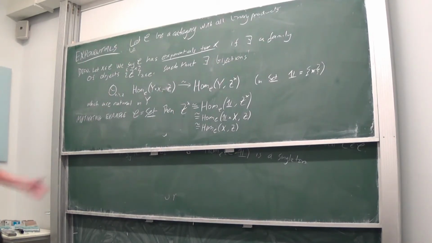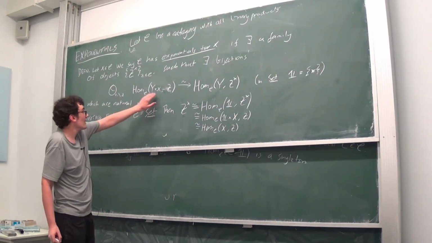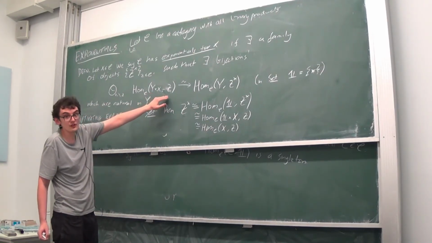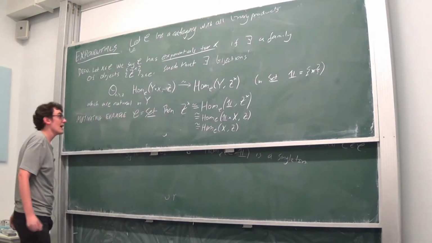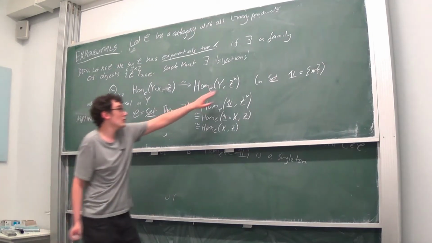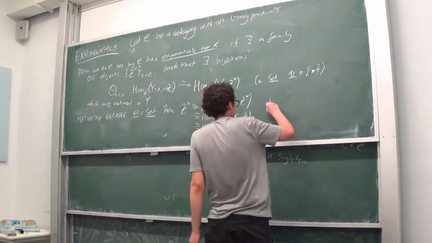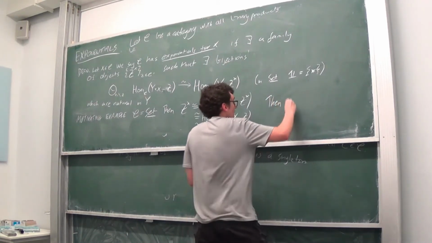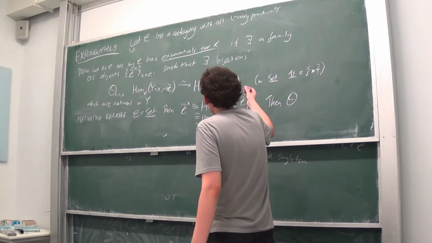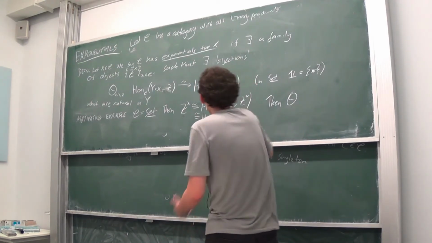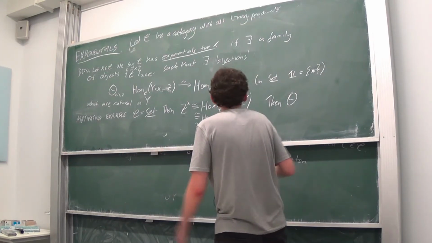So then what is the family of natural bijections? Well, think about what the left-hand side is here. It's a function of two variables that goes into Z. And the thing on the right-hand side here is a function that just goes out of Y, and it maps it to a new function that goes out of X into Z. So then that process is exactly what computer scientists call currying. It's turning a function in two variables into a function in one variable that takes in another input.